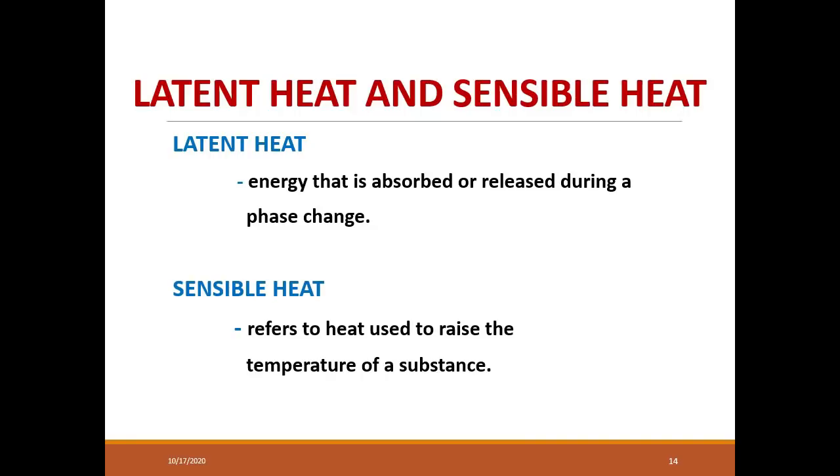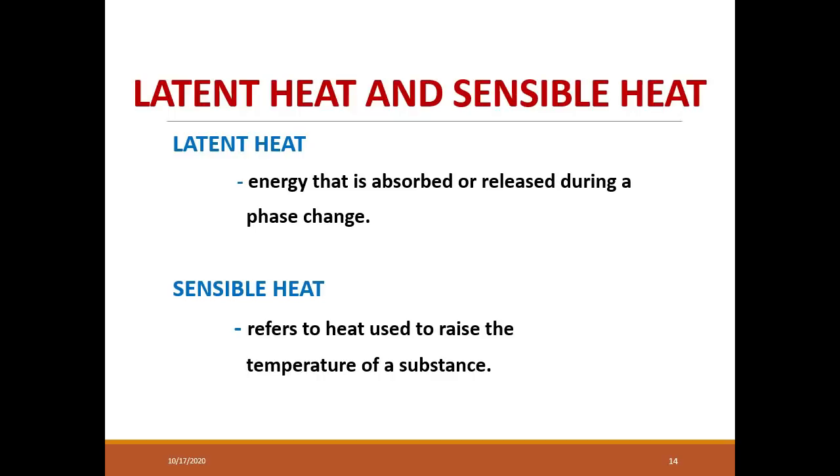On the other hand, sensible heat refers to heat used to raise the temperature of a substance. So it is also called heat level or heat intensity that can readily be measured when it changes the temperature of a substance. For the latent heat, there are three other terms that are important to understand.